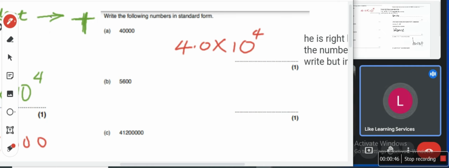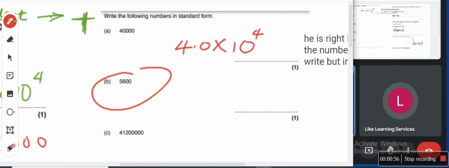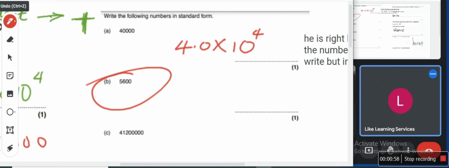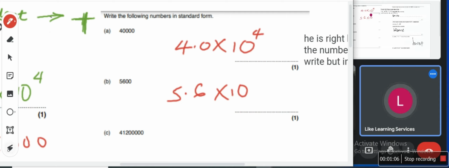So what will it be? So what should this be? 5.6 times 10 squared. Are you sure it's squared?